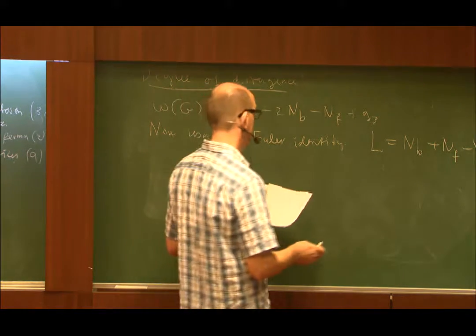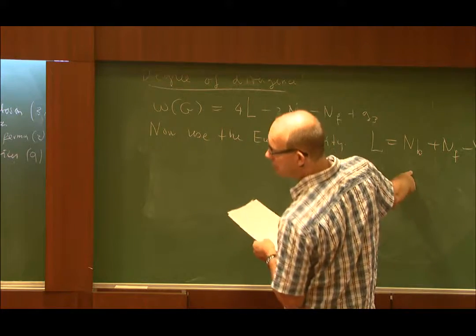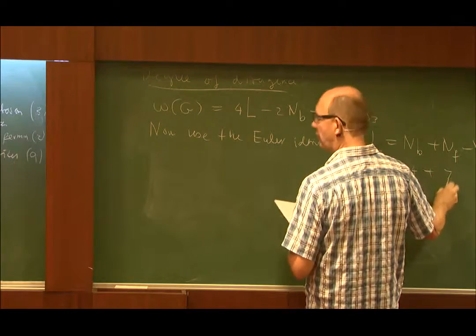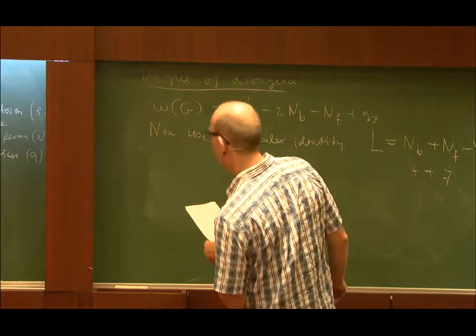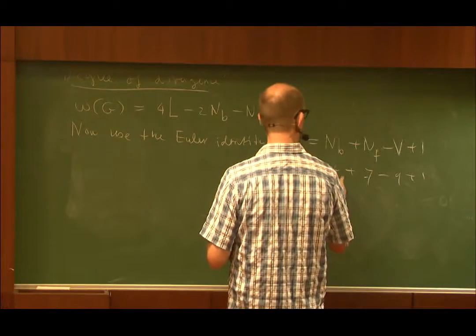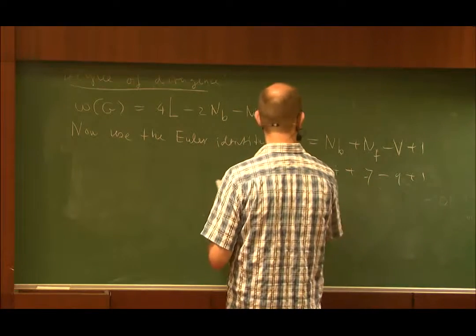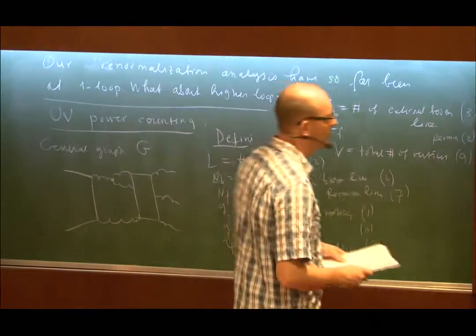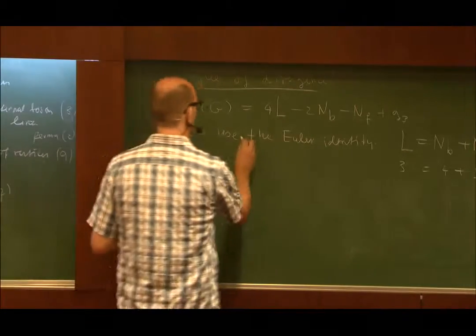And we can at least test it. This was 4 plus 7, was it? Minus 9 plus 1, and that is 11, 12, 3, and that was correct. Right? So that's one thing to use.